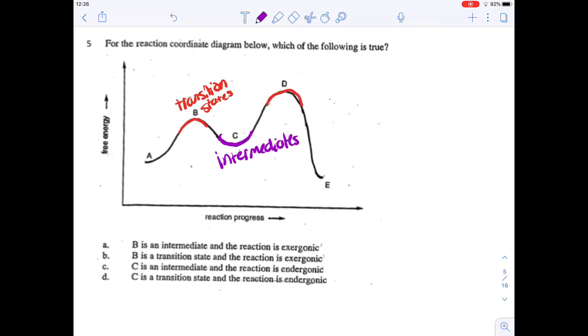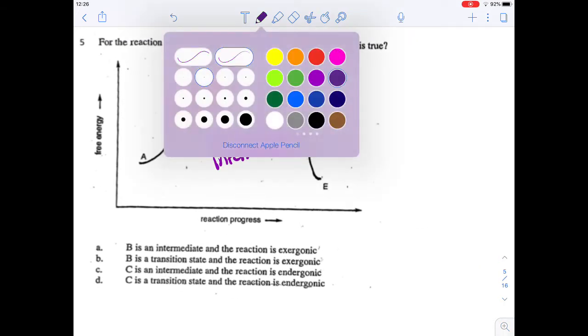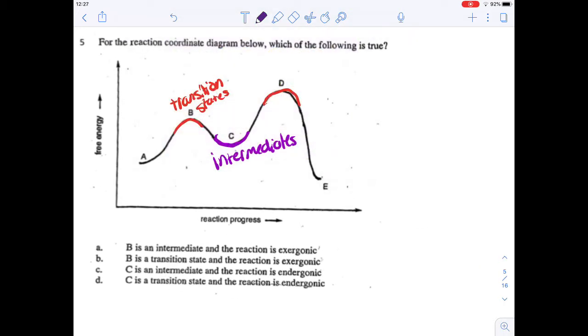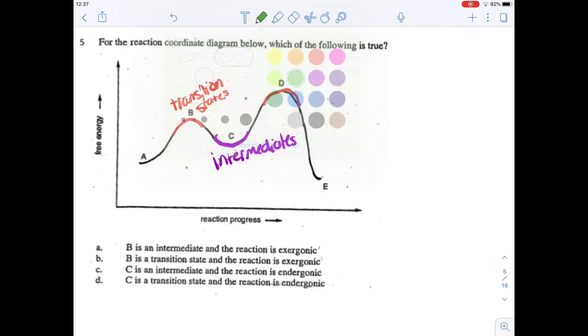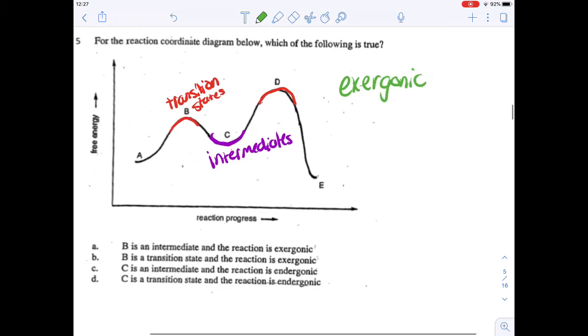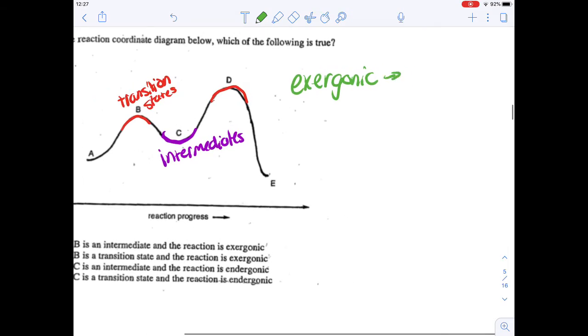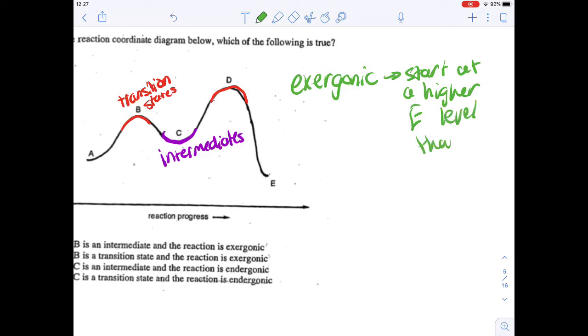And your reaction can either be exothermic or endothermic, which is the same as exergonic or endergonic. I'm actually going to choose a different color because that one's pretty similar to what I used. So exergonic means that you start at a higher energy level than when you finish.